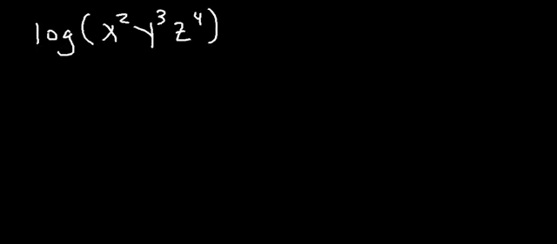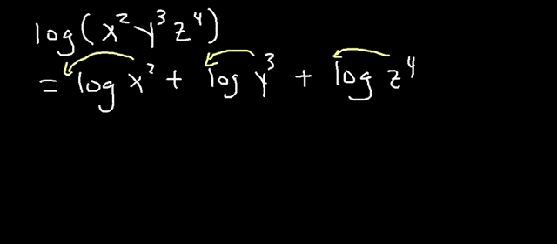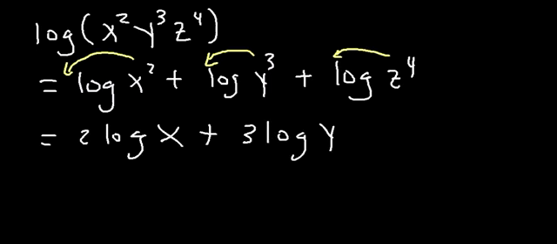That means we could separate it by addition. So this is equal to log x squared plus log y cubed plus log z to the fourth power. Next, all of the exponents we're going to move to the front. So our final answer for this problem is 2 log x plus 3 log y minus 4 log z.